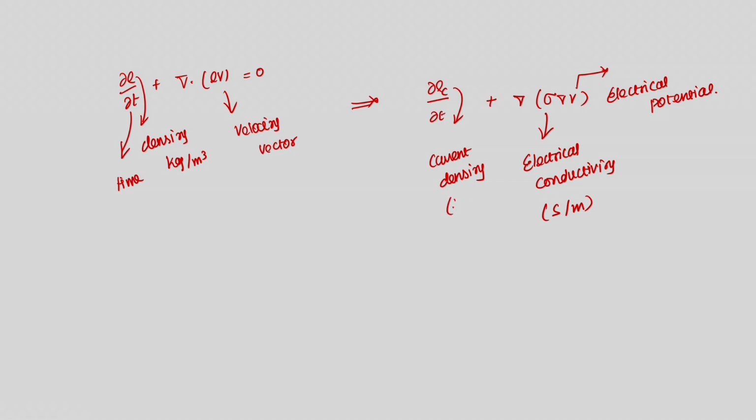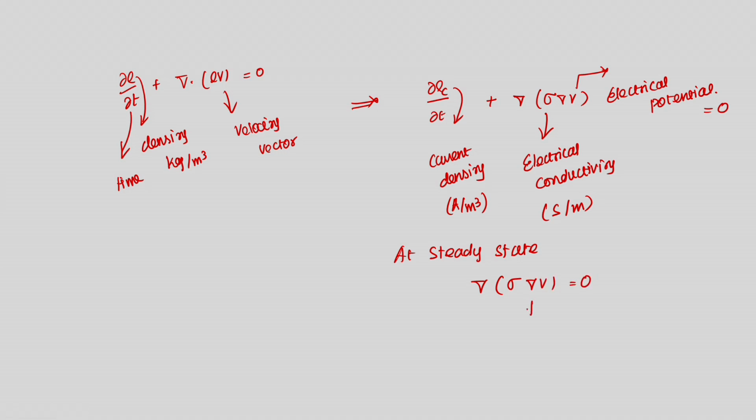This is in ampere per meter cube. If we combine the ohmic heating principle with the continuity equation, this is the equation which is equivalent to 0. So, at steady state where there is no time dependency, I can say grad sigma grad V is equivalent to 0.